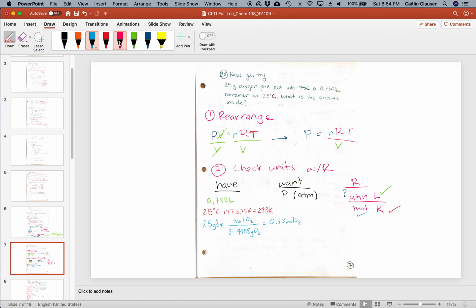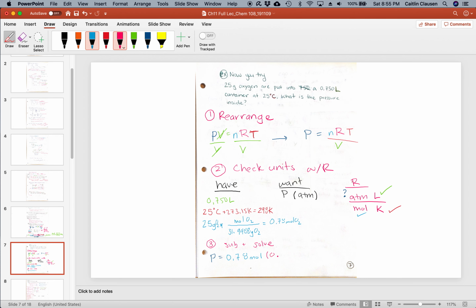And now we can just plug everything into the equation and calculate it. So you do plug and chug or substitute and solve, whatever helps you remember it. And we've got pressure equals moles that we just calculated from the given grams using the molar mass conversion, times R, which is always a given.